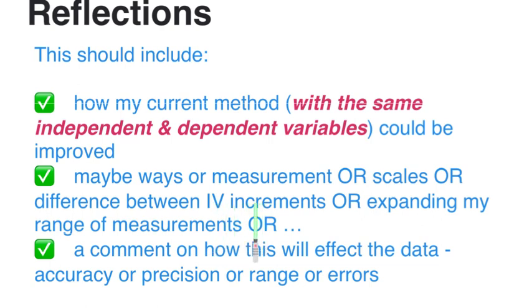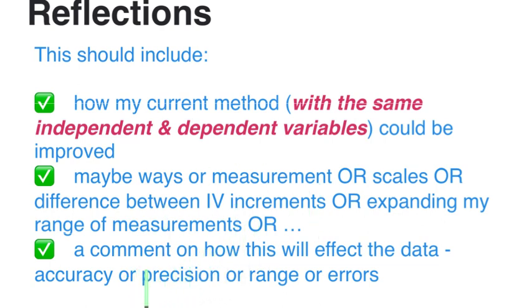Is that the right increment? Would I have been better with 5 or maybe 10? Or would I have been better with 1 in differences? Or I could make sure I measured further. Instead of stopping at the value you stopped at, you might extend that a bit further to see if the pattern keeps going. So these sort of things we could put in our reflections.